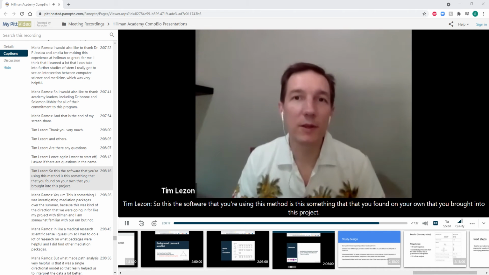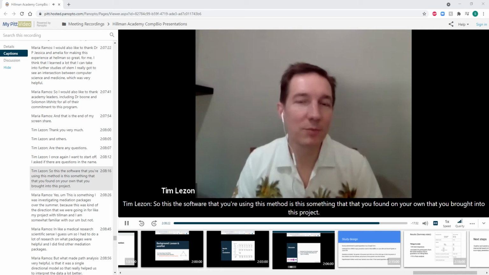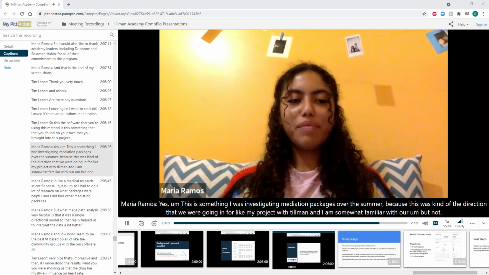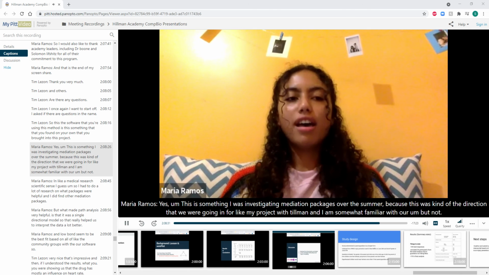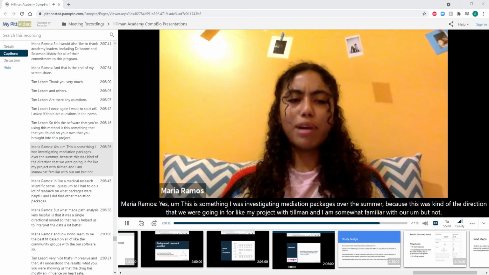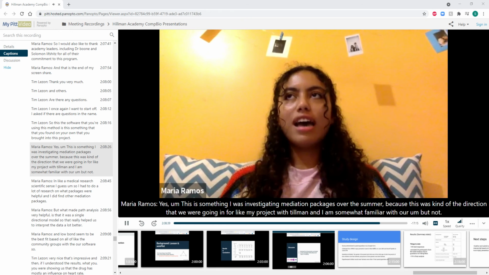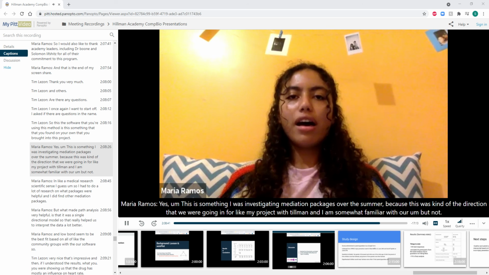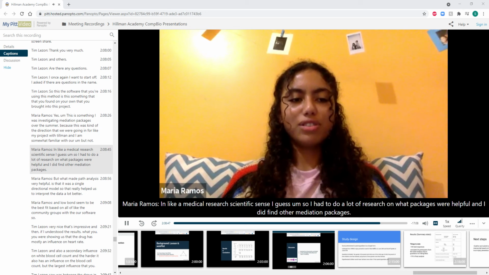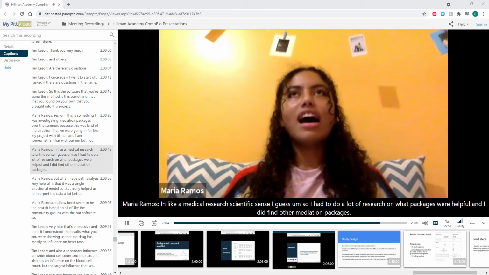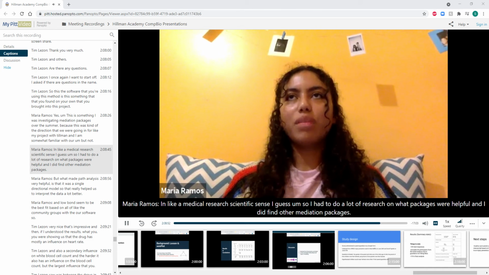So the software that you're using, this method, is this something that you found on your own, that you brought into this project? Yes, I was investigating mediation packages over the summer because this was the direction we were going in for my project with Hillman. I am somewhat familiar with R, but not in a medical research scientific sense, so I had to do a lot of research on what packages were helpful.